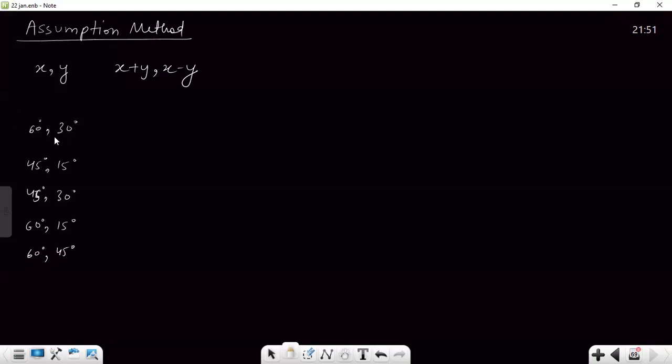Basically my point is that you must be knowing the trigonometric ratios of x and y. We know about 15 also, and you should know the sum also. Like here the sum is 90, the difference is 30; sum is 60, difference is 30; sum is 75, difference is 15. We are also aware of the 75 values.